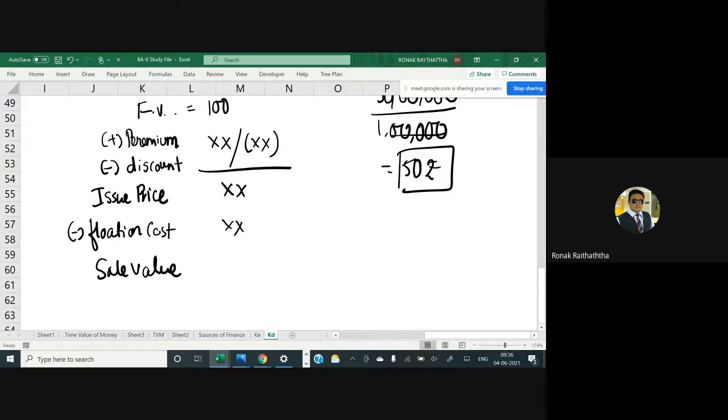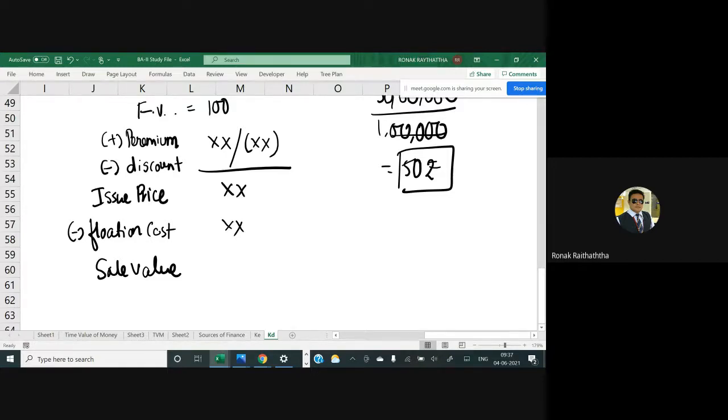But it is always the accepted practice to include the cost of flotation, the premium, and the discounts at which they are issued, so that these costs are also taken into account while finding the cost of debentures. Now debentures and shares cannot be compared even if they are irredeemable in nature, because one is debt, another one is the owners' funds.